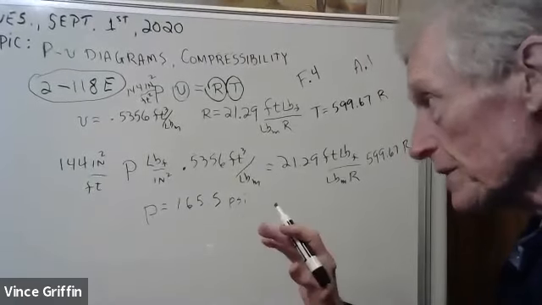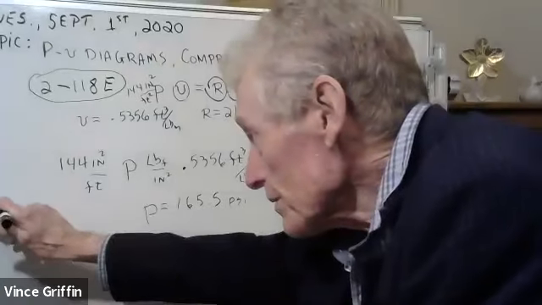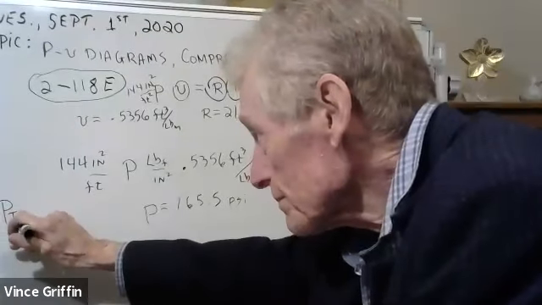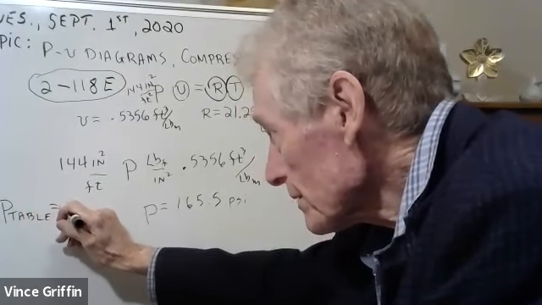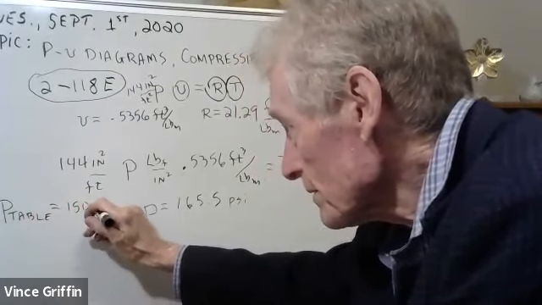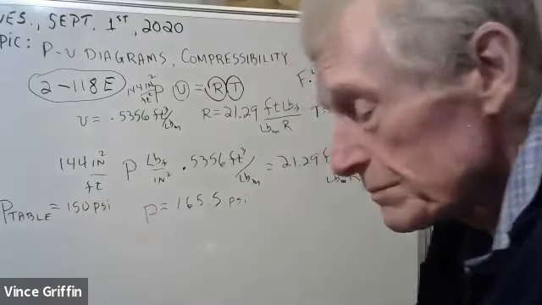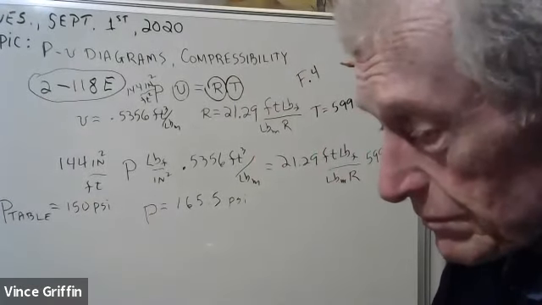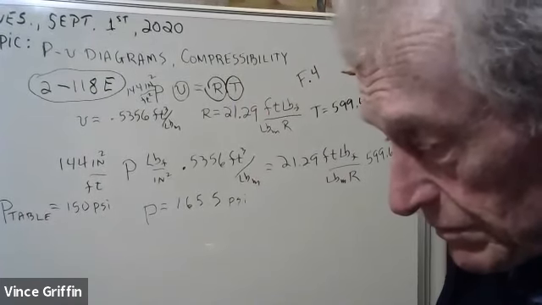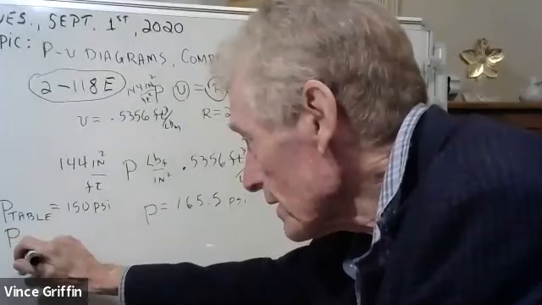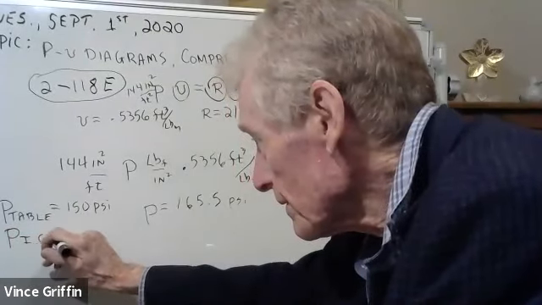Okay, now here's the deal. We did this with the tables. And didn't we get 150 PSI? Isn't that what we got a little while ago? Somebody say, uh-huh. Yes. Yeah, that's what we got. And then we did it with the ideal gas law.